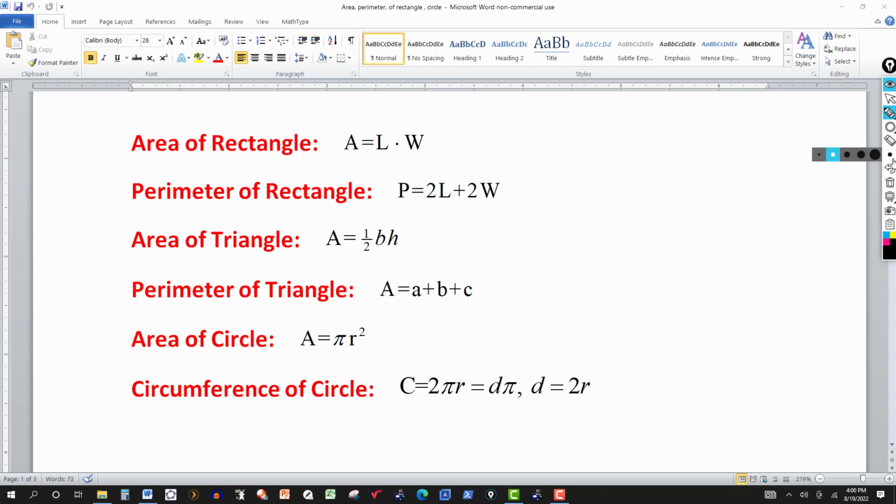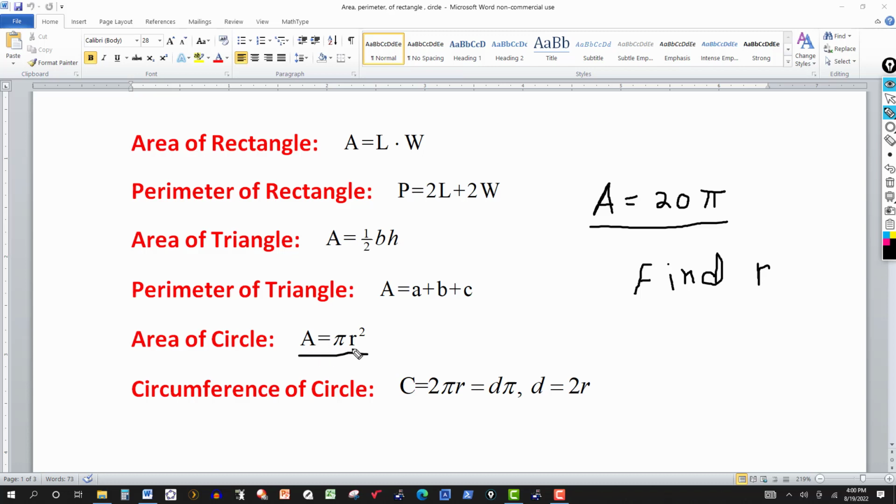And then sometimes they'll tell you something like this. Let's say you have a circle, and let's say the area of the circle is 20 pi. Say this is given. Area of circle is equal to 20 pi. Find the radius. So again, you put it together and say, okay, well, I know the formula for the area of the circle.